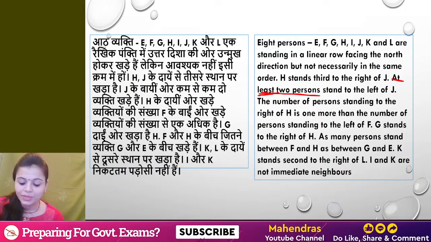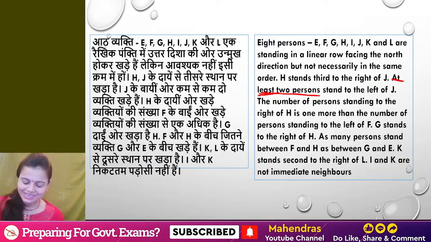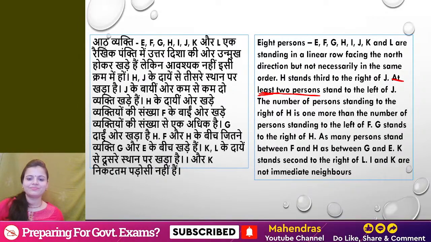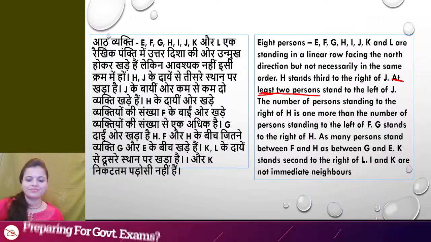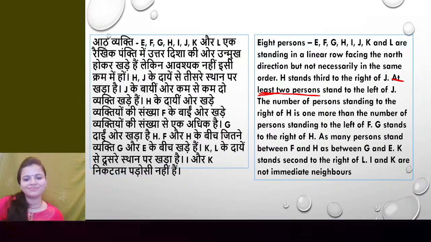Not more than, yes, each can be more than two. Yes, correct. Minimum two, maybe more than two. Minimum is two. Maximum is not given, but minimum is two. At least means minimum. At most means maximum.